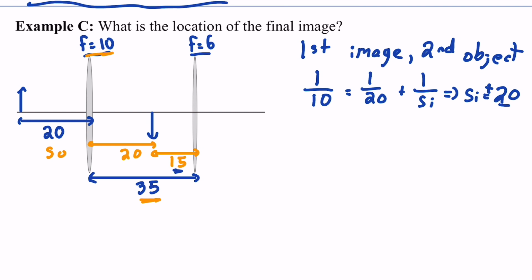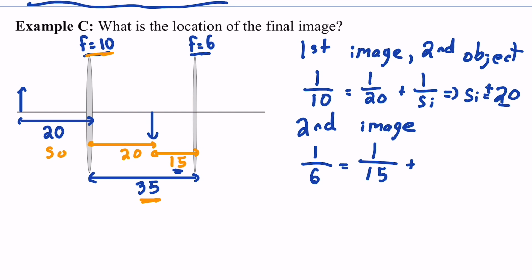So now I have an object distance of 15 and a focal length of 6. So for the second image, I'm going to use the first image as my object and have 1 over the focal length for the second lens, which is 6, equals 1 over the object distance, which is 15, plus 1 over the final image distance, SI. And solving that for SI gives a value of 10.